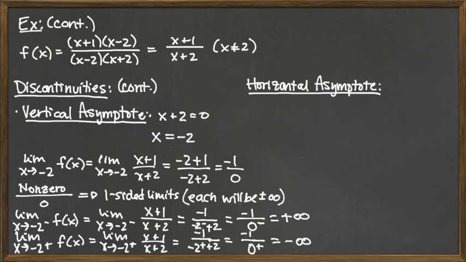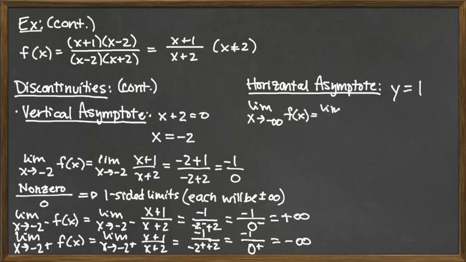So here we see a 1 times x on the top and a 1 times x on the bottom. So the 1 over 1 would give us just the y equals 1 for our horizontal asymptote. And we can get that justified using calculus, looking at the limit as x goes to negative infinity of the function.